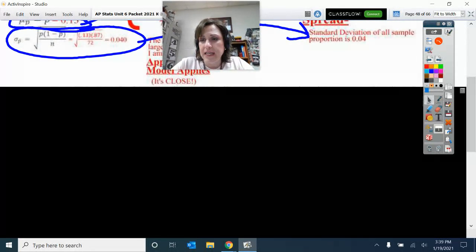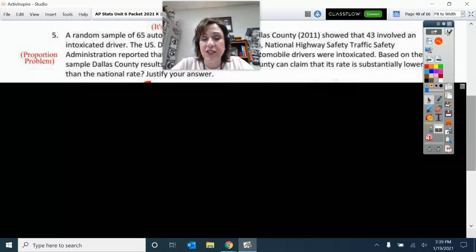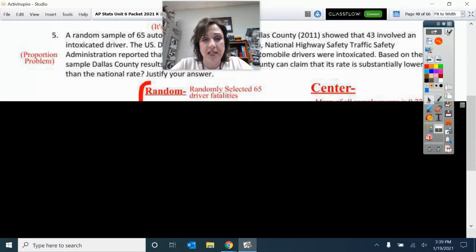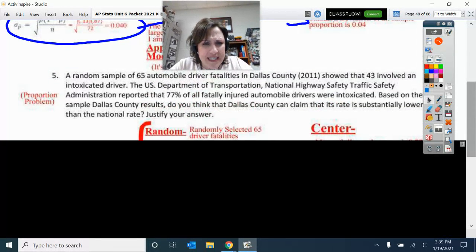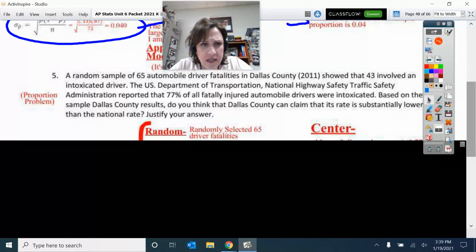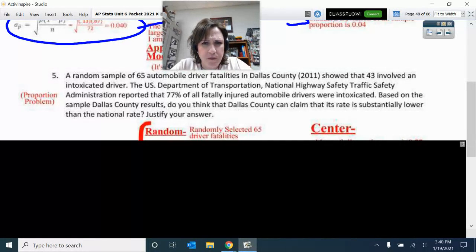All right. The next one is another proportion problem about the fatally injured drivers being intoxicated or not. So randomly selected, was it stated? I should have said that. Yep. Well, does it say based on the random sample? No, it just says based on the sample.